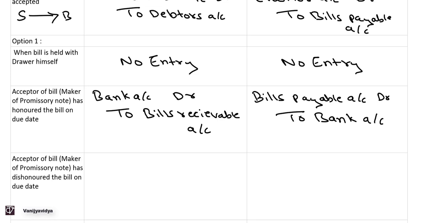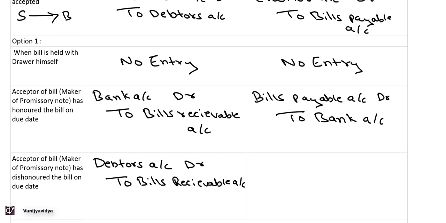So in the books of the maker or the drawer, the entry will be debtors account debit to bills receivable account.